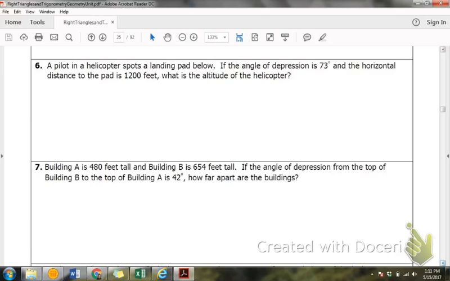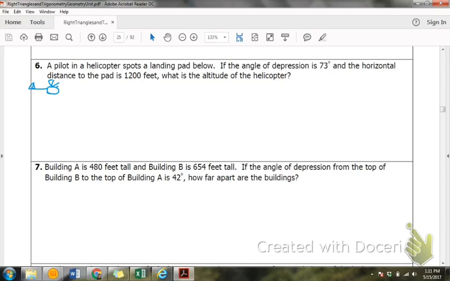You guys think you got it? Okay, a helicopter spots a landing pad below.